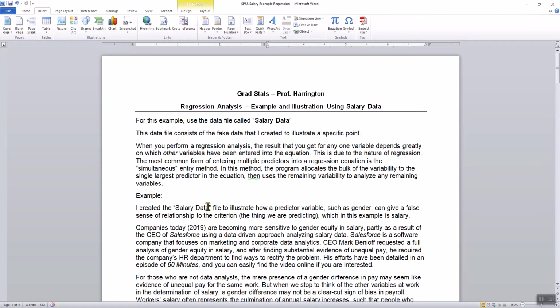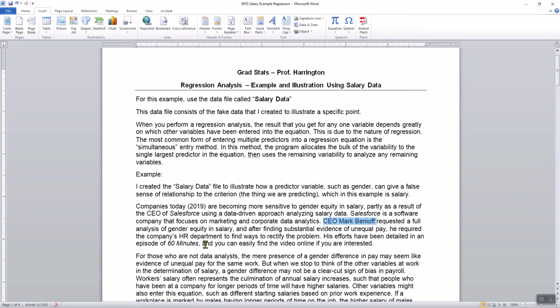Both the text and the data will be available for students to download. And as I describe here, I created this example after watching an episode of 60 Minutes on CBS, where they had the CEO of Salesforce, which is a cloud computing company, a major company in the United States, where the CEO, Mark Benioff, requested a full analysis of gender equity and salary.